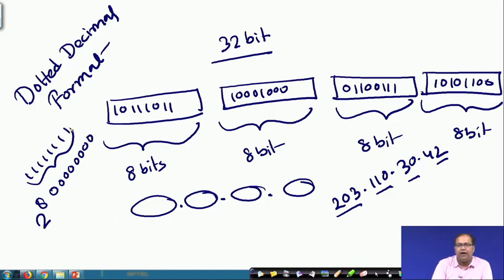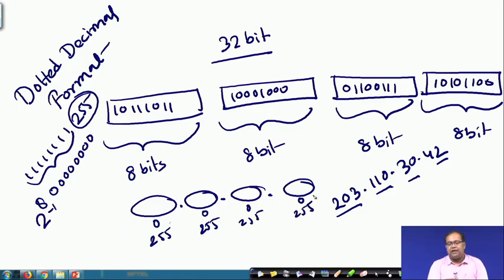If you have all ones, it comes to be 2 to the power 8 minus 1, which is 255. So, these individual dotted decimals go from 0 to 255. Every individual chunk can go from 0 to 255.